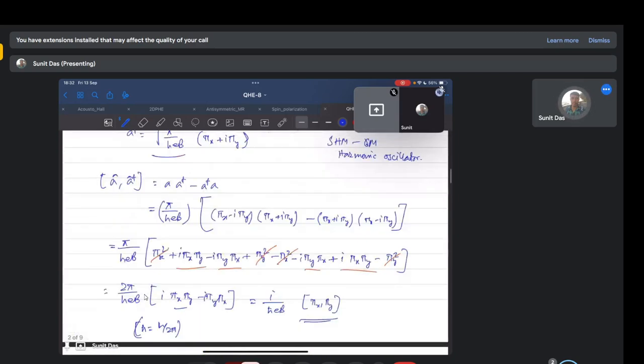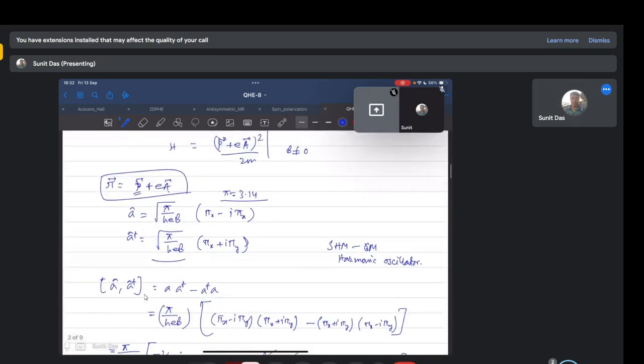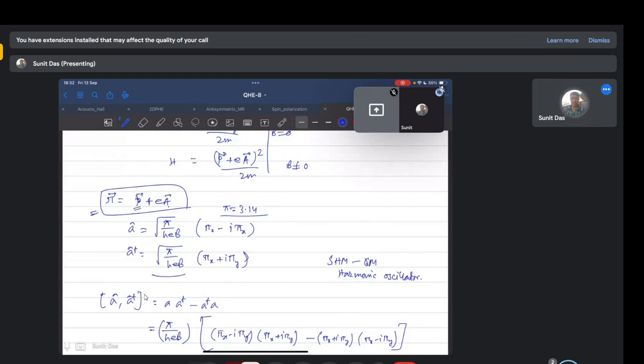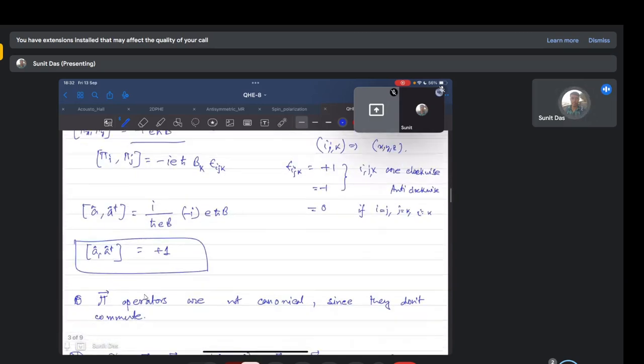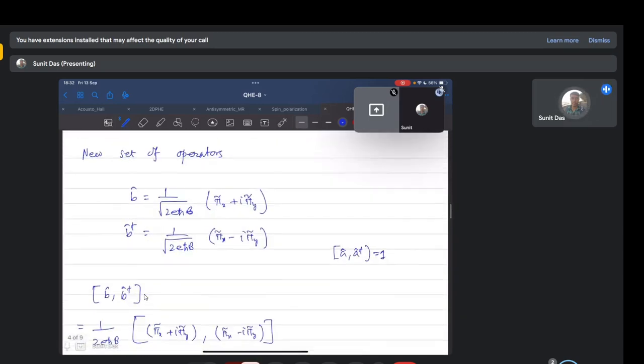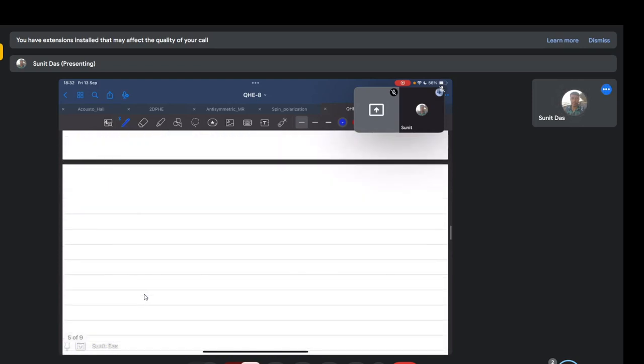So somewhere we defined π as P plus eA, and if we add another minus eA, it effectively reduces to the conventional momentum. So I'll check this, and in the next class it will be clarified.